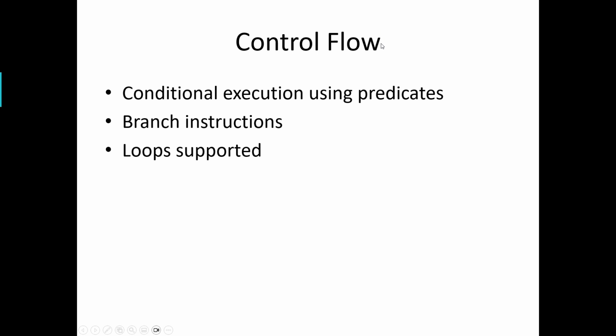In control flow, we have conditional execution using predicates, branch instructions, and loops supported. What happens here is that warps function in groups.